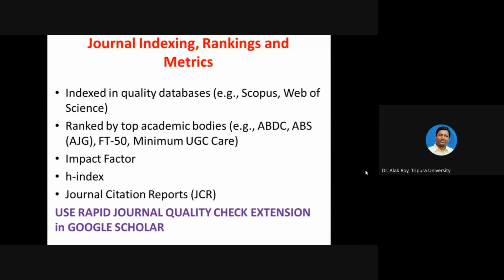These bodies categorize or rank the journals, and impact factor is actually based on citations. CiteScore is also based on citations. So whatever paper has been published, say 2 years back, in one of the volumes of a particular journal, and whatever citations it has achieved in the coming 2 years, dividing one by the other decides the impact factor of that journal.